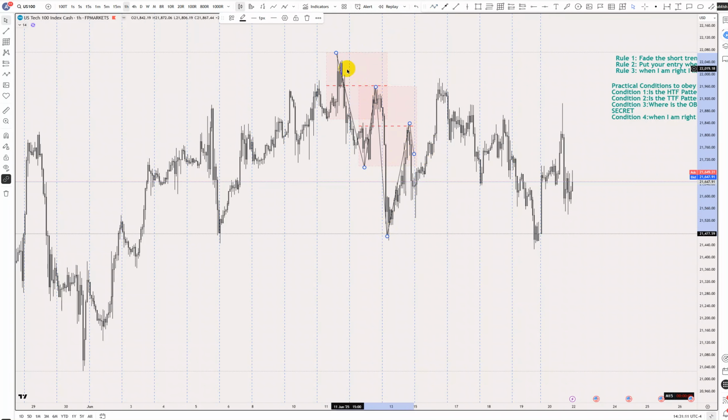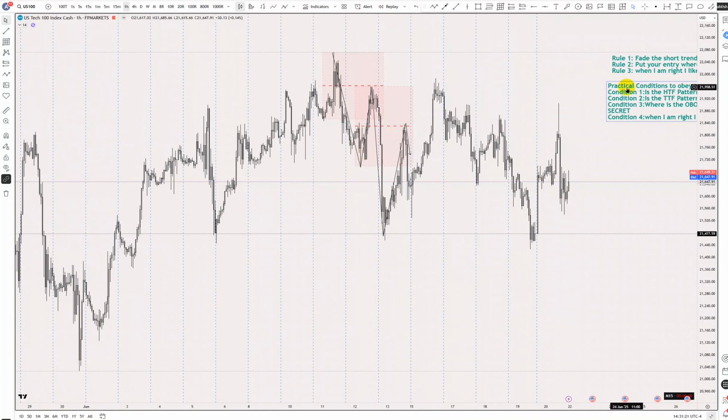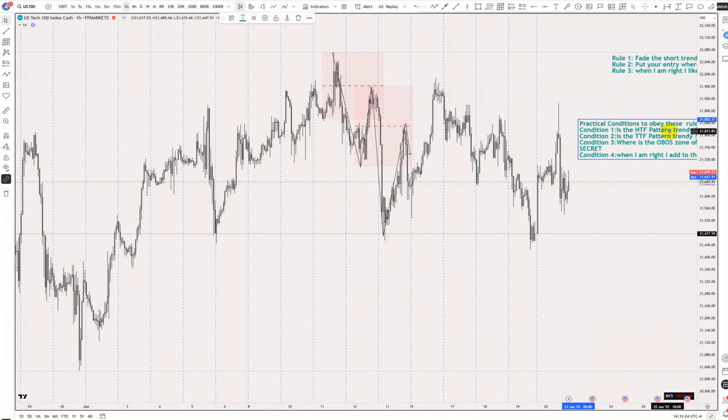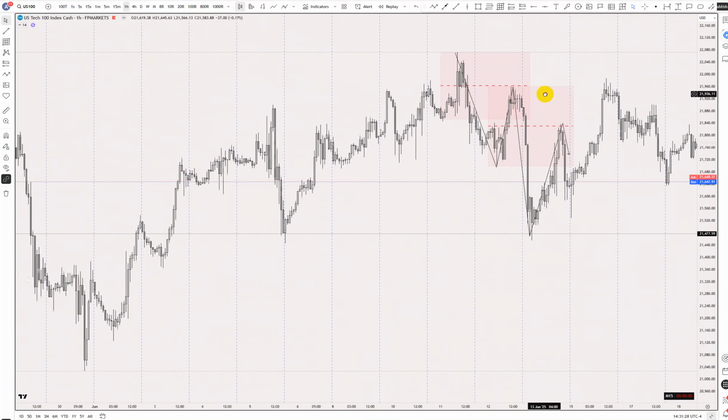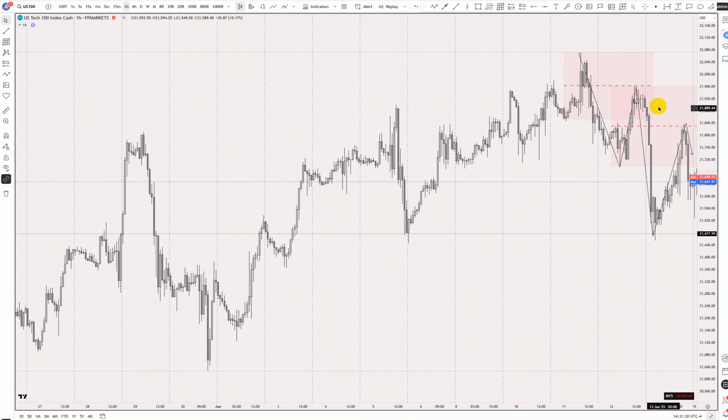So here, this is the Fib zone: leg 1, leg 2, leg 3, leg 4, and the beginning of leg 5. So how strong is our trend? This is a rule to follow: that the higher time frame pattern is trendy. Yes, so far here, it is trendy.